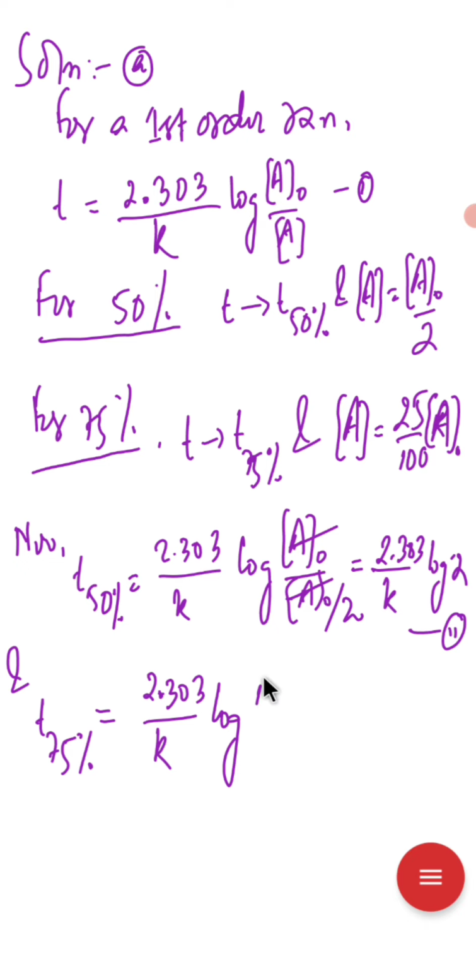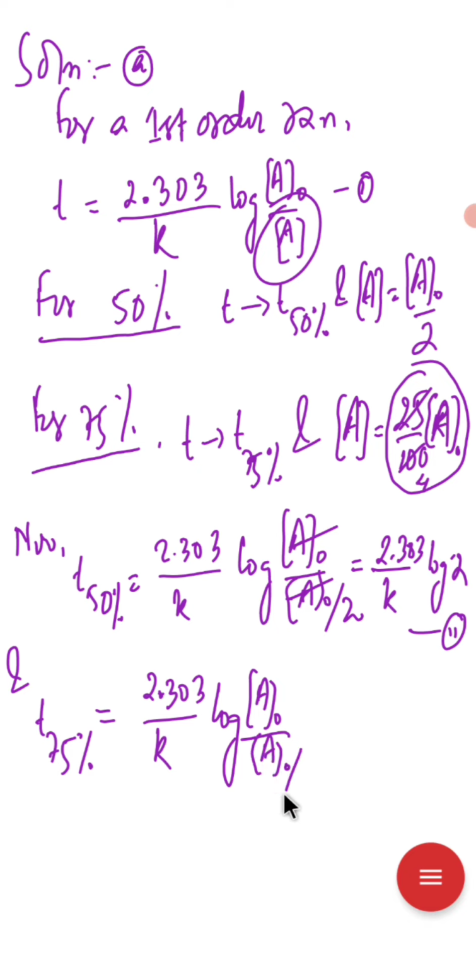So log A naught by, instead of this A, I need to substitute 25 A naught by 100. 25 A naught by 100 is A naught by 4. So this A naught cancelled out, and we get log 4 here, right?